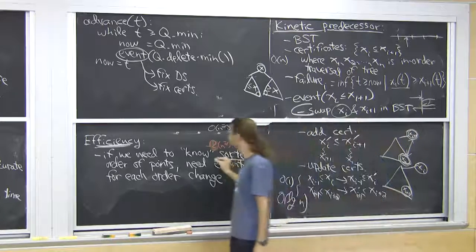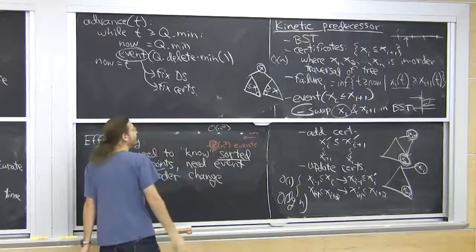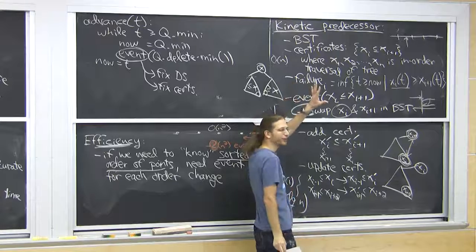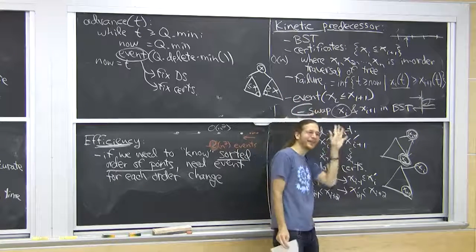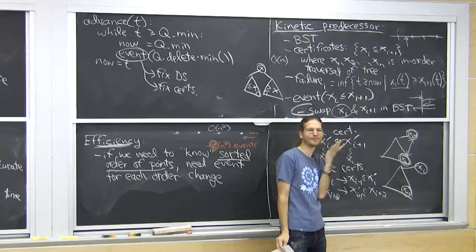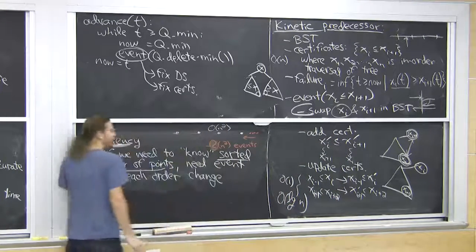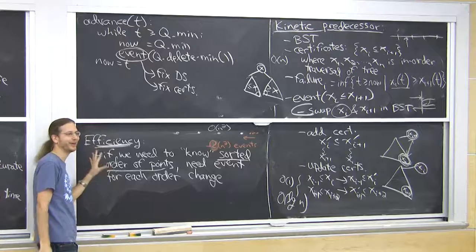Okay, this is if you really want to maintain the sorted order. Now, we didn't say we wanted to maintain the sorted order. We said we want to maintain a predecessor data structure. But it feels kind of like those are the same thing, maybe. I don't know if there's a formal sense in which this is the case. And efficiency in general is the vaguest part of kinetic.